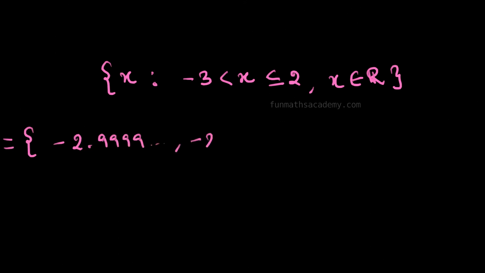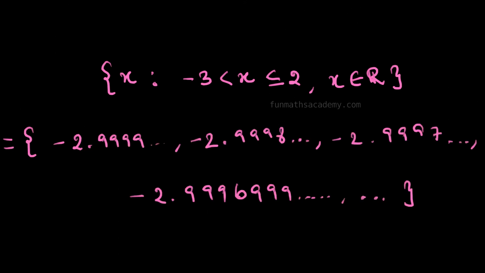Now, tell me whether you can write the set of all x such that x is greater than -3 and less than or equal to 2, where x is a real number, in roster form. Keep in mind that x is a real number here. There are infinite numbers between -3 and 2, and so it's pretty hard to represent this in roster form.